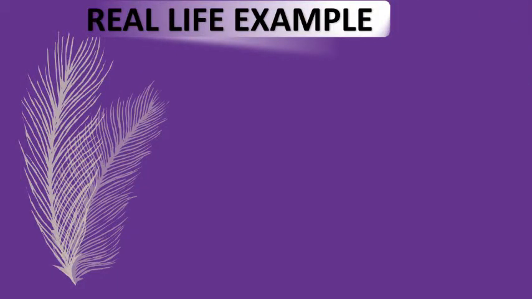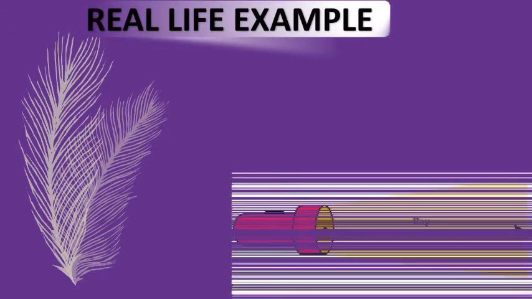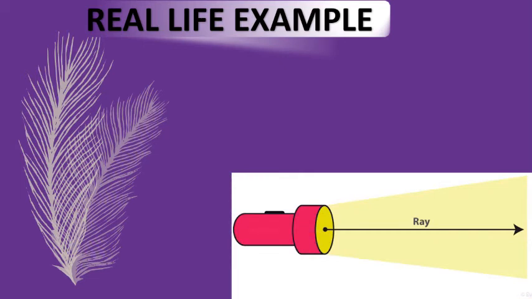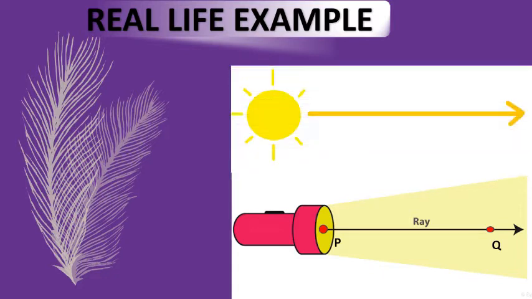In the next slide, we have some real life examples of rays. As you can see here, this is a torch, and these are the rays coming from the torch. Its initial point is P, and the extended point is Q. And another, the best example, is the rays from the sun, whose initial point is point A and extended point is point B. We can name it ray AB.